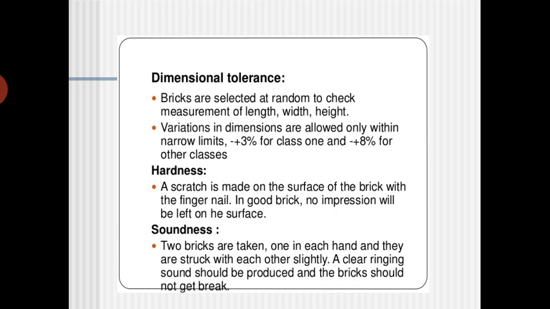Normally you take the brick and scratch it with your fingernail. If it is a good brick, no impression will be left on the surface. If any impression is left, we say it is harder and a stiffer type of brick.